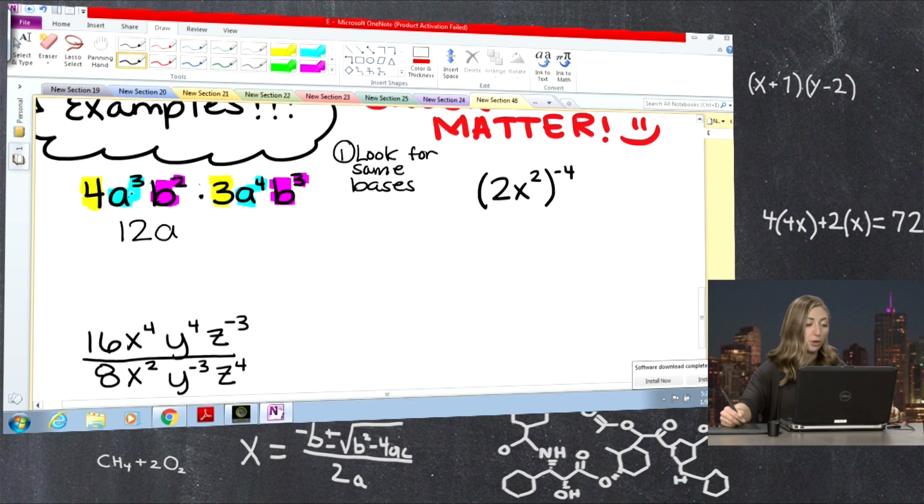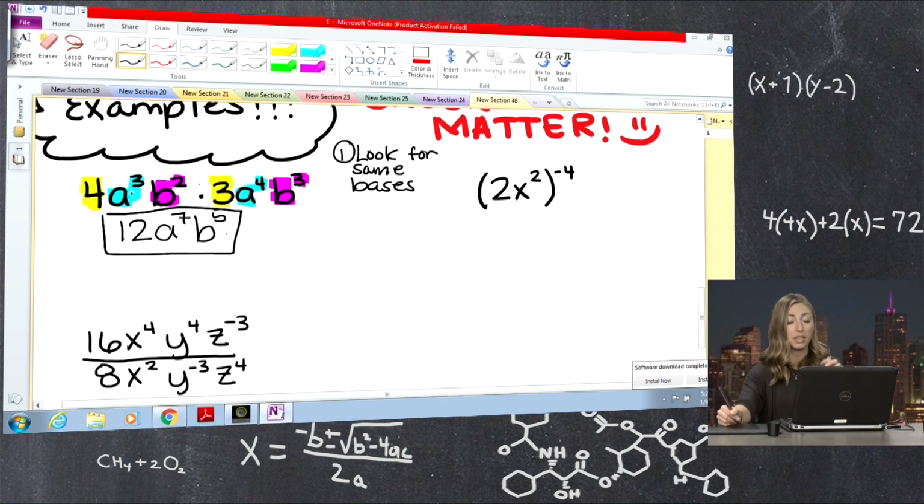So a to the third plus the fourth, I get a to the seventh. We're going to do the same with b. Now, we don't want to combine a and b together. We want to keep them separate. We add those powers, 2 plus 3, we get 5. So simplifying this, we have 12a to the 7th times b to the 5th power. And again, we want to make sure that in our final solution, we don't have any bases that are still the same.